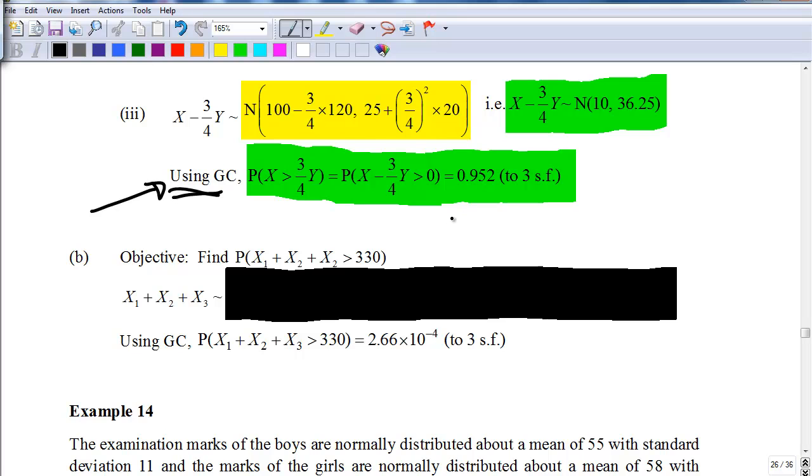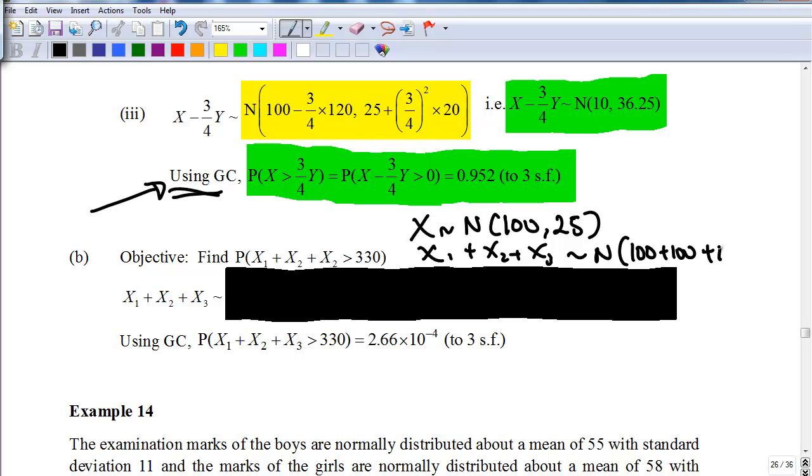If you look at your X, each of the X follows a normal distribution of mean 100 and variance 25. Okay, so your X1 plus X2 plus X3, they will follow a normal distribution of 100 plus 100 plus 100. Okay, what about the variance? You also add the variance. 25 plus 25 plus 25.